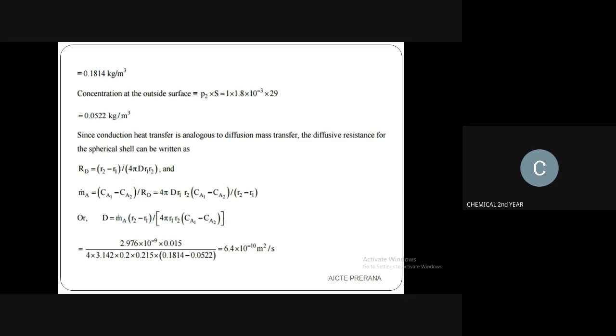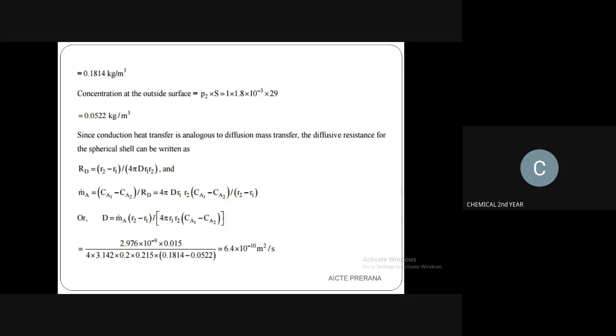Now we have to find something analogous to diffusion mass transfer. The diffusive resistance for the spherical shell can be written as RD is equal to (R2 minus R1) divided by 4 pi D R1 R2, and MA is equal to (CA1 minus CA2) divided by RD, that is equal to 4 pi D R1 R2 (CA1 minus CA2) divided by (R2 minus R1).